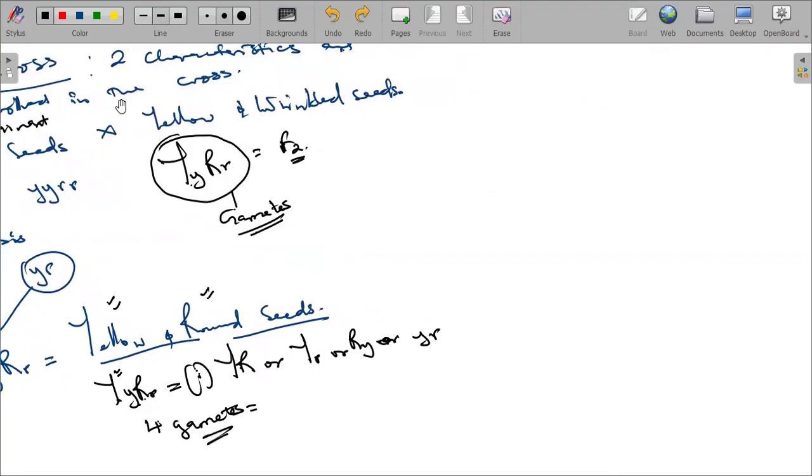How do you do that? We are saying you have got your Punnett square, which you can draw as usual.